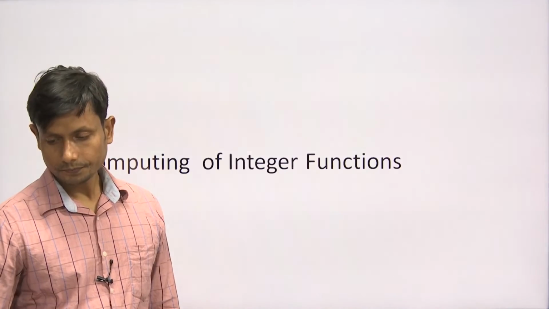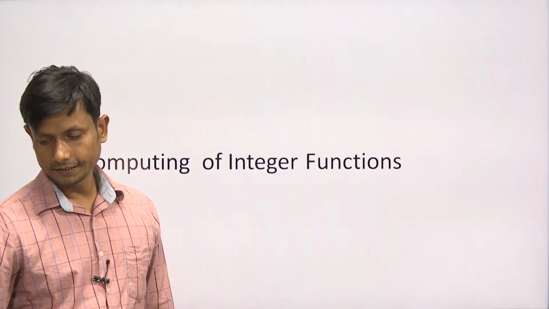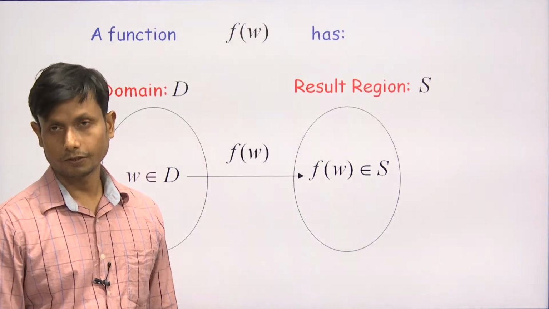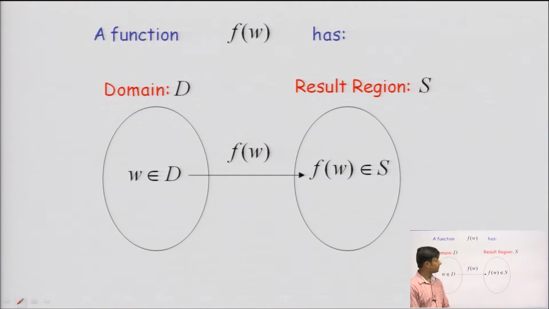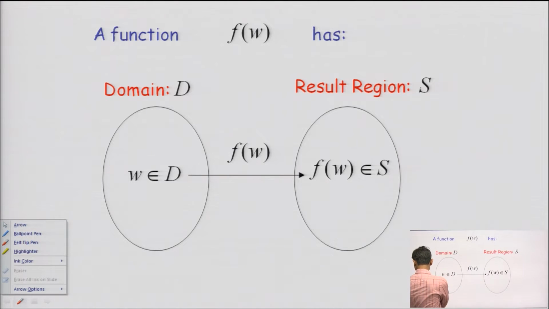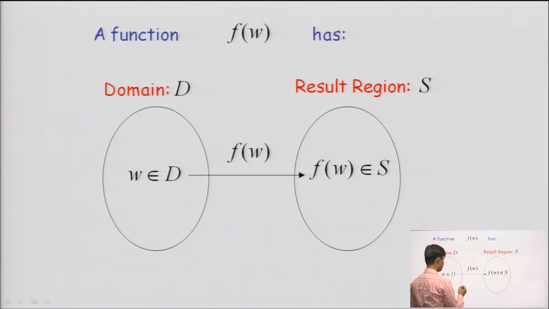Now, computing integer functions. Let us say one function is given. This is the domain and this is the result region. Suppose f(x) is x plus 2.